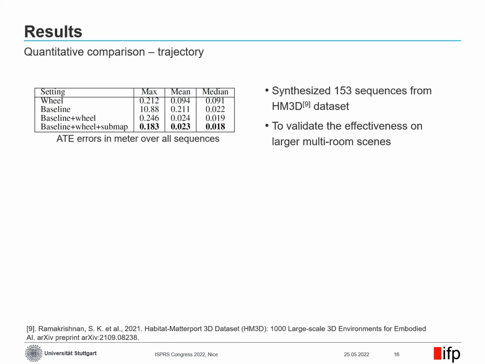Further quantitative experiments are conducted on synthesized data. We synthesized 153 sequences from the HM3D dataset to validate the effectiveness of our method on larger multi-room scenes. As the table on the left shows, our extension of the baseline with the wheel encoder and submap registration can reduce the overall error, especially the mean error and maximum error.